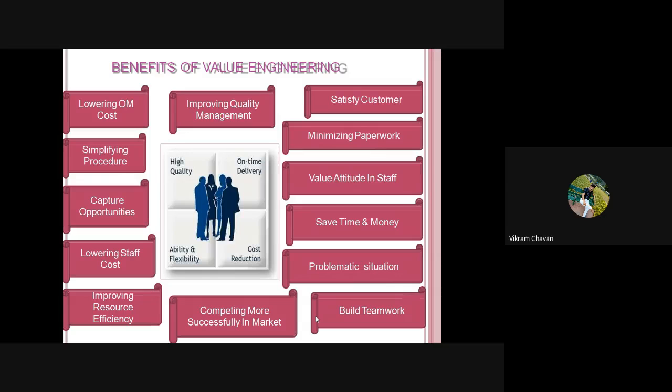Okay, so what benefit are you getting by applying value engineering?